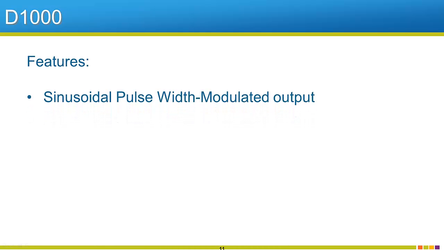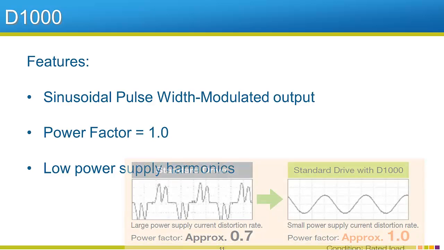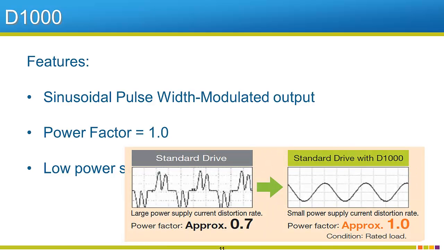The D1000 will output a clean, pulse-width modulated sine wave. This PWM waveform and unity power factor result in low harmonics. The D1000 is the solution to mitigate any harmonics. The D1000 is wired in series between the power supply and the drive. This puts the D1000 at the front end of your VFDs and amplifiers, eliminating harmonics produced from the nonlinear loads.